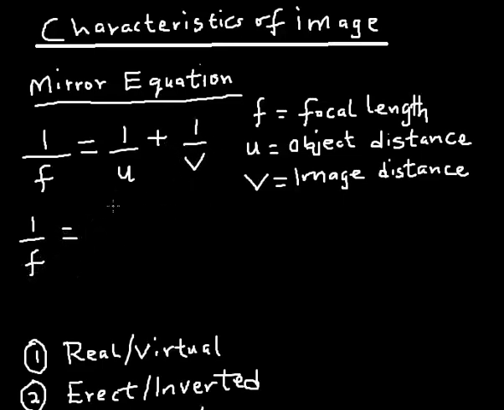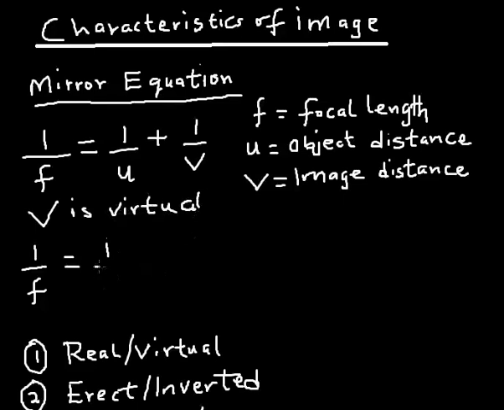So the formula now becomes, for a virtual image v, 1 over f equals 1 over u minus 1 over v. This is really very important for you to know, so that you know when to apply minus or plus.